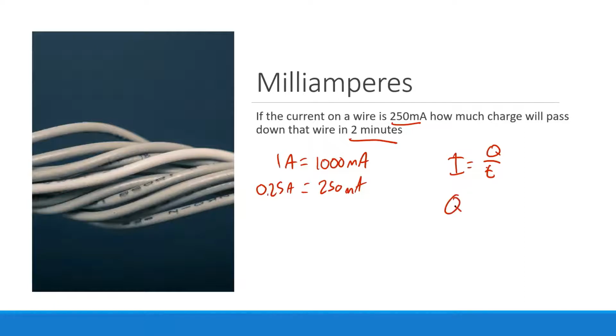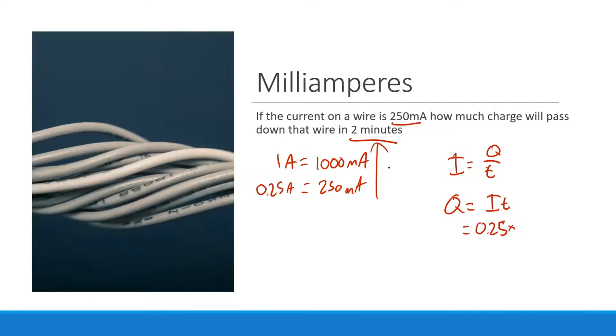So again, Q equals I T. So now if Q equals IT, I'm going to have 0.25 times the time.